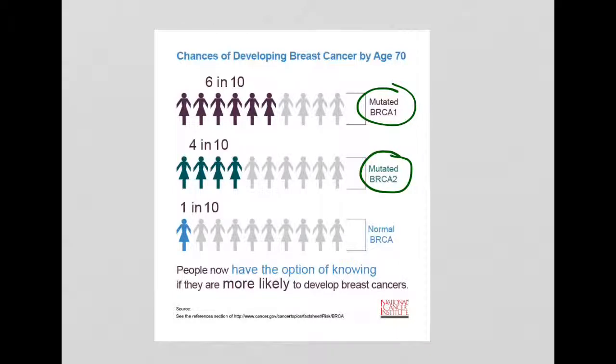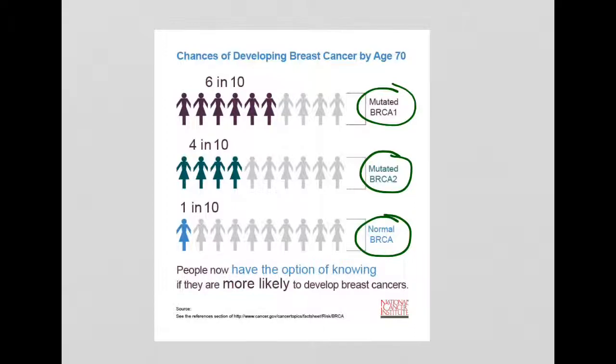It doesn't mean that you have a 10 out of 10 chance, but it certainly increases the probability that you're going to have breast cancer, as opposed to somebody who has a normal BRCA gene where you only have 1 in 10, which is still alarmingly high, frankly, something that should worry all of us. But obviously, it's a 1 in 10 chance versus 6 in 10. There's a big difference there.